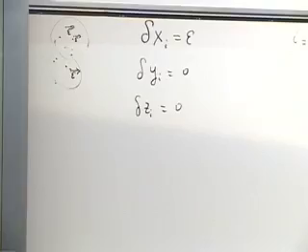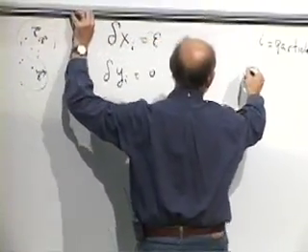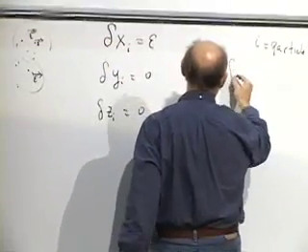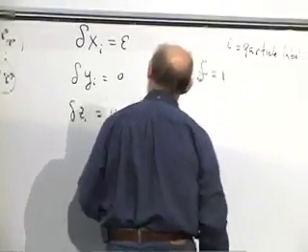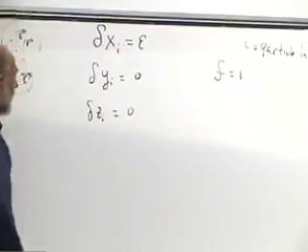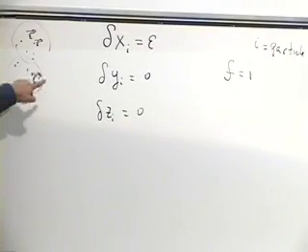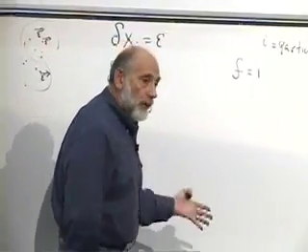Or another way to say it is that all of the f's associated with the x direction are equal to 1. F is equal to 1 if it corresponds to the x coordinate of the ith particle. They're all equal to 1. How about for the y coordinate? The f's for the y direction are all equal to 0.